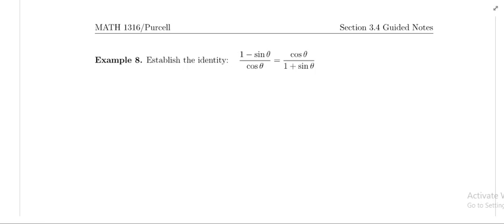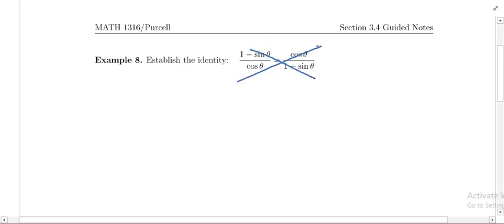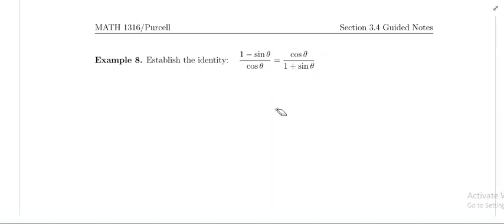If you see something like this, because it's an identity, you can't just cross multiply and solve for theta. That's not what you're doing. You're simply starting with one side of the equation, using basic trigonometric identities plus algebraic manipulation in order to achieve the other side of the equation.